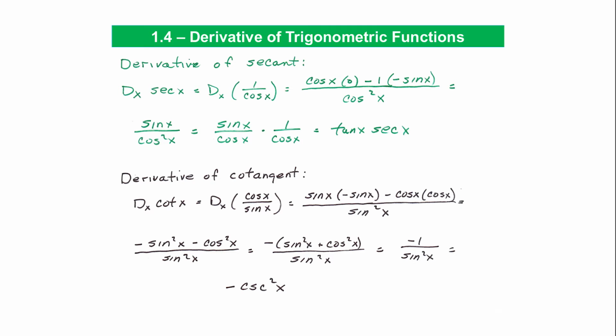So we have seen the proof that the derivative of cotangent x equals minus cosecant square x.